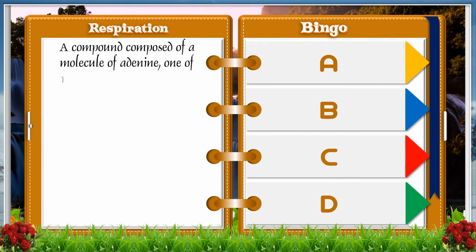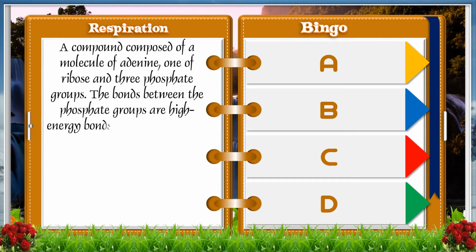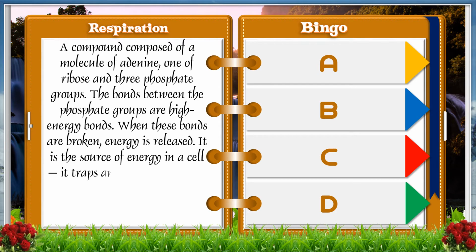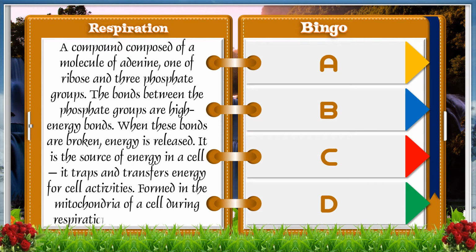A compound composed of a molecule of adenine, one of ribose, and 3 phosphate groups. The bonds between the phosphate groups are high energy bonds. When these bonds are broken, energy is released.